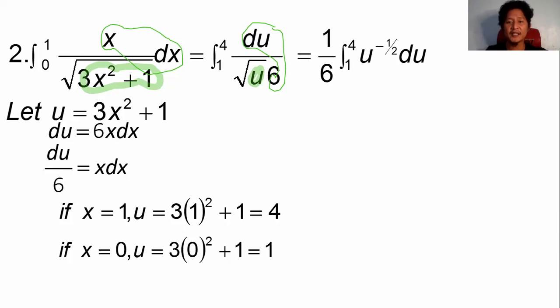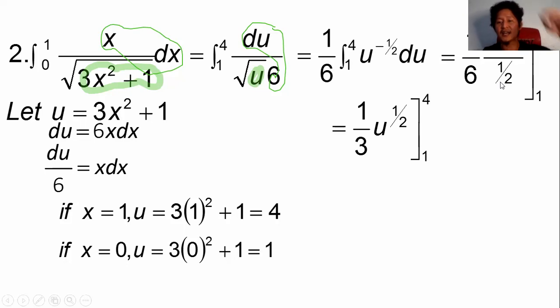So, pwede na naman natin itong i-integrate ulit. So, u to the negative 1/2, u to the n lang yan, di ba? So, plus 1, magiging 1/2. And then, lagay natin sa baba yung 1/2. Okay? Malinaw? Simplify muna natin ito. 1/6 divided by 1/2, so magiging 1/3 lang yan.